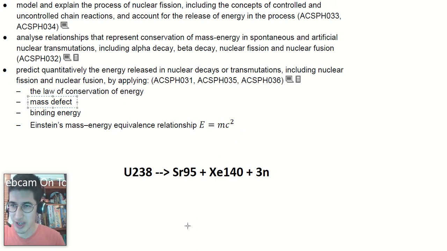Mass defect. So this is an idea where if you look at how much mass is in the original uranium, compare that to the mass of the products, there's going to be a defect, missing mass. That missing mass has been converted into energy. It's not really missing. And this idea of the binding energy. This is energy that's stored in the bonds holding the nucleons together.